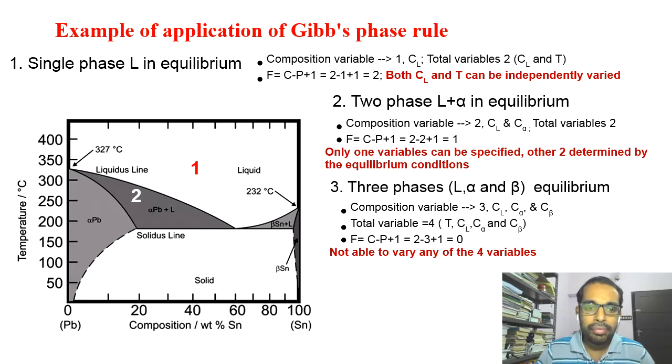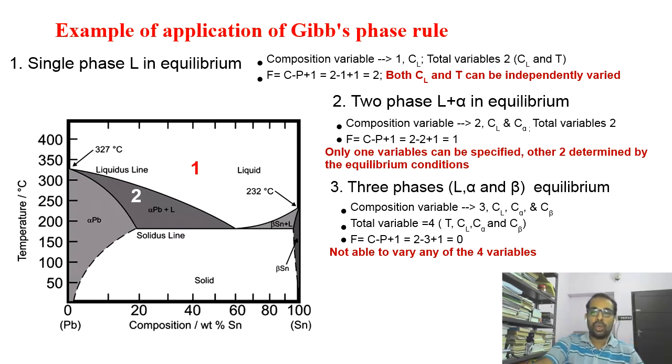and according to the phase rule, the degrees of freedom will be F is equal to C minus P plus 1. Here C is equal to 2. The components is 2. P, the phase number, is 3, plus 1. So 2 minus 3 plus 1 is equal to 0.